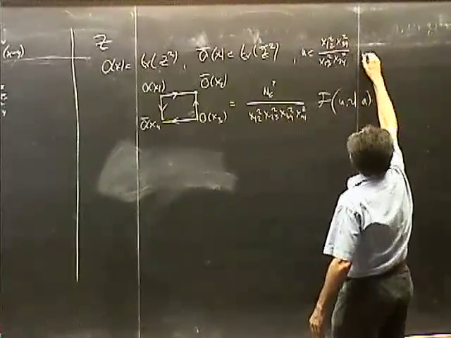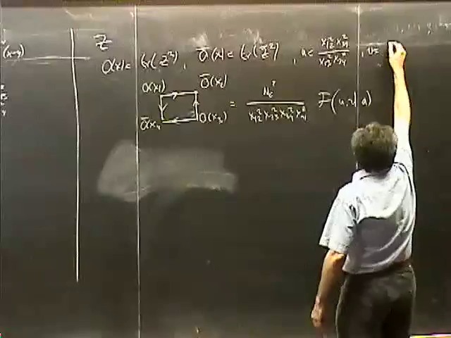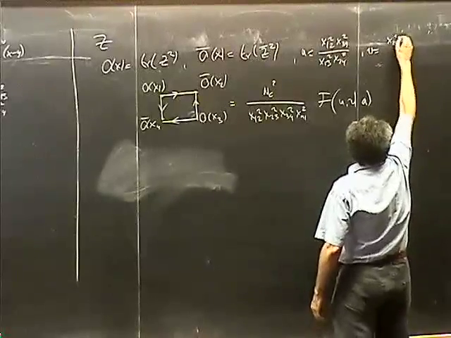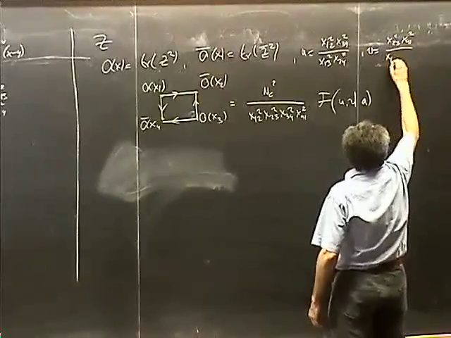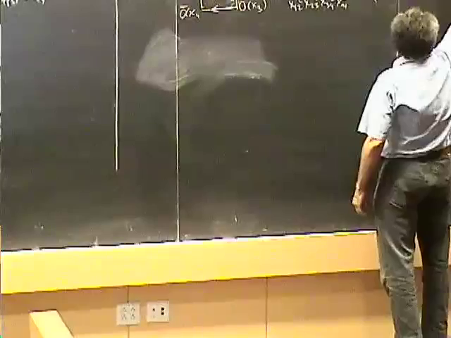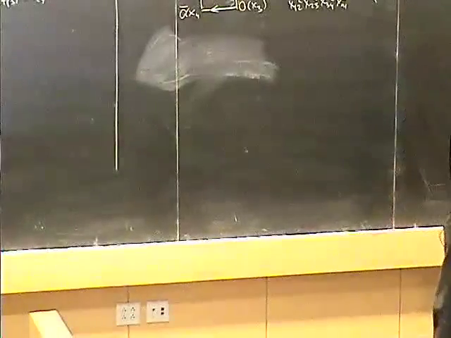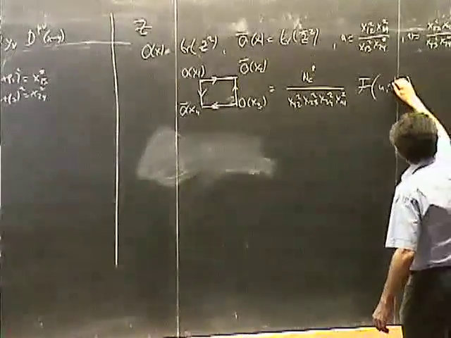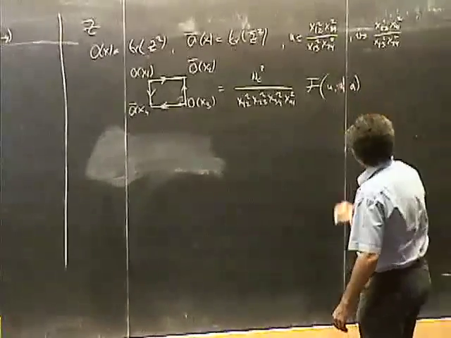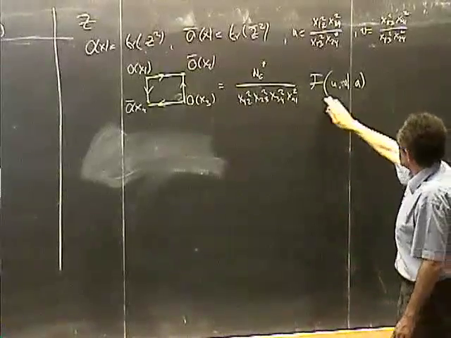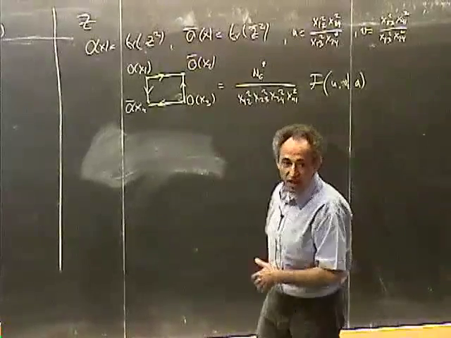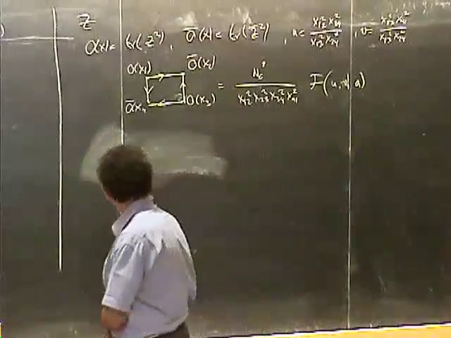Let's call one of them U, and the second, V. Then there was a lot of activity in the late 90s when people worked out techniques for computing this function to one, two, three, four loop level.